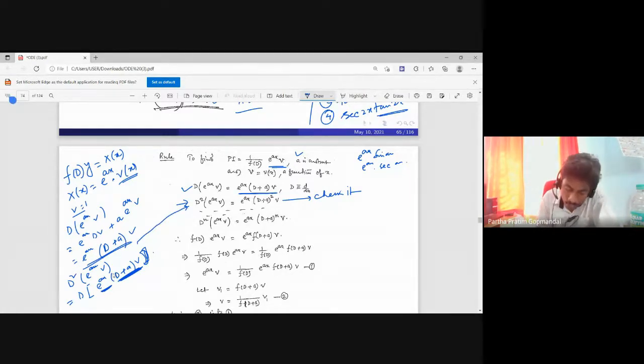It is quite straightforward, because D square operating on e to the power ax v means D is operating 2 times. One time you already know: e to the power ax into (D plus a) operating on v. So as if it is a product of two functions: one is e to the power ax, another one is (D plus a) operating on v. So again it is the product rule you have to use. Then check it.